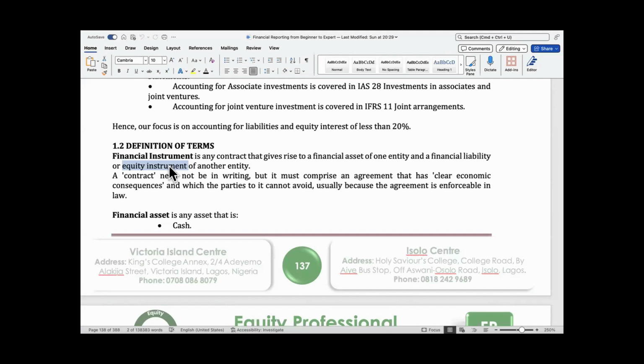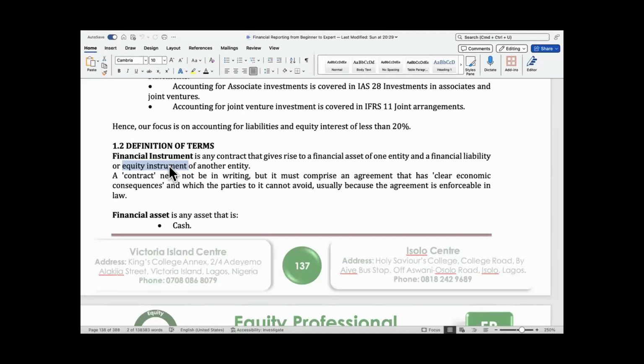That assignment will have really exposed you to a lot around identifying whether the issuer has a financial liability or an equity instrument.